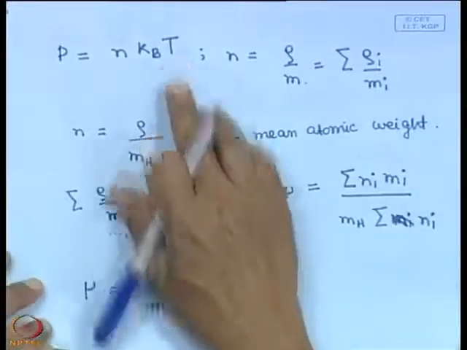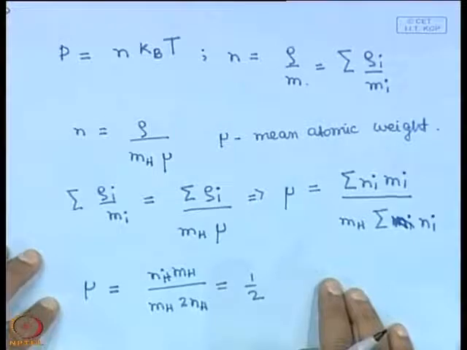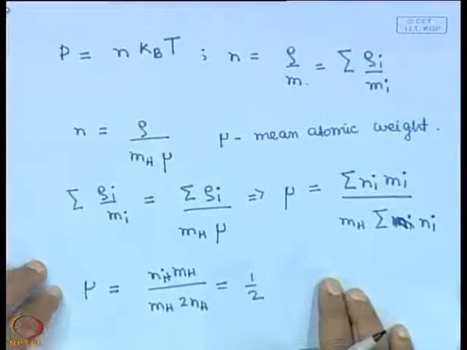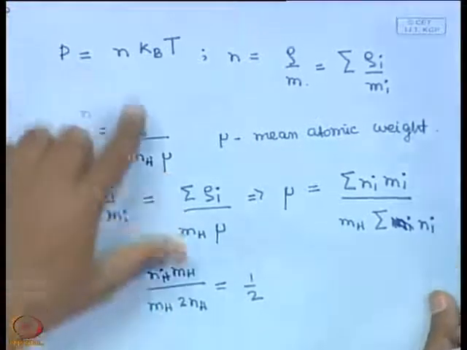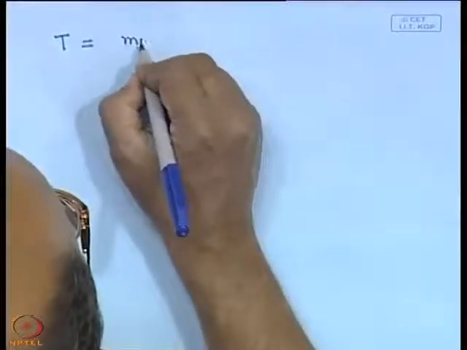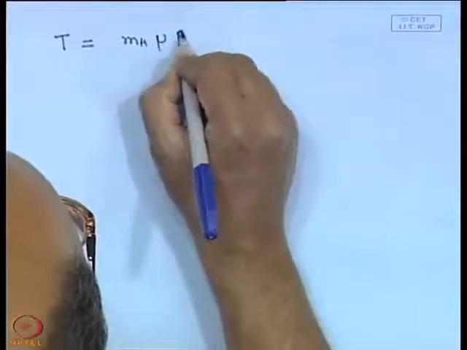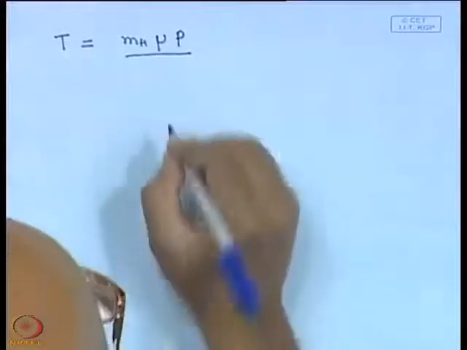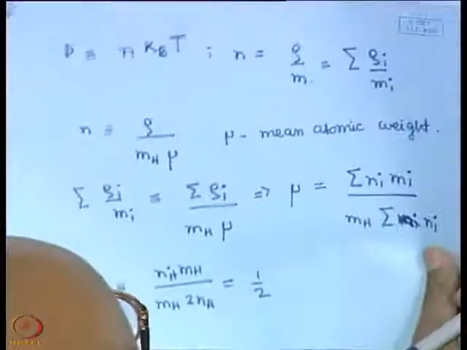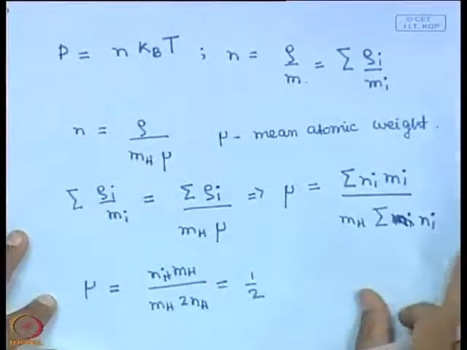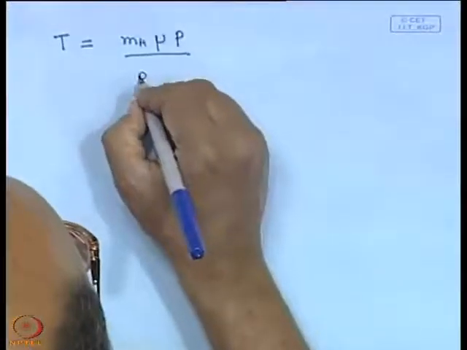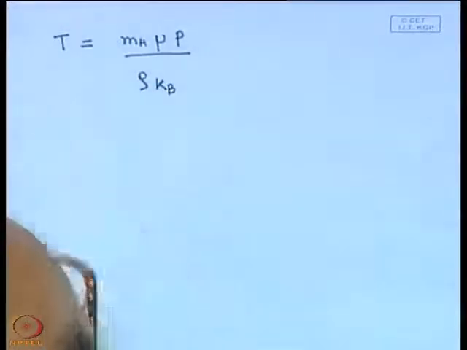So all that you have to do to estimate the temperature is: T is equal to m_H mu P divided by rho times k_B.